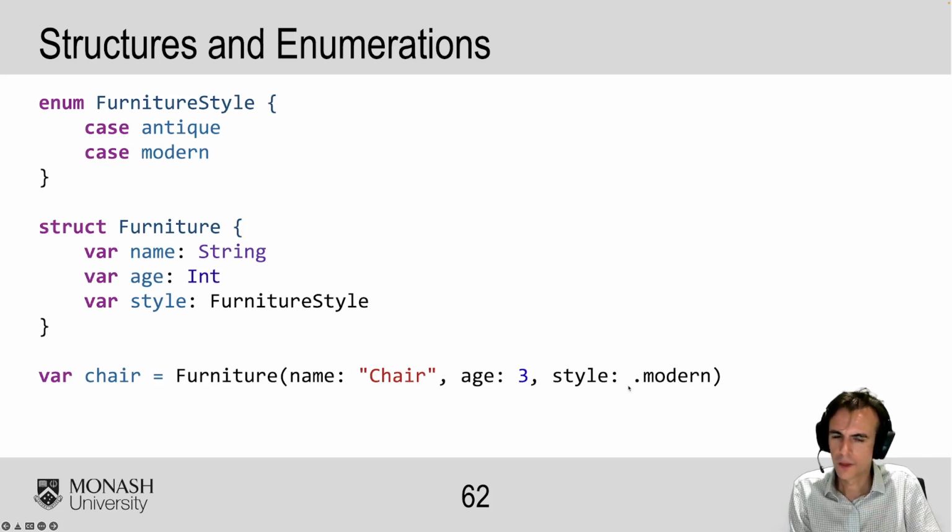And Swift has a really good compiler that will do syntax completion as part of writing code, so it will give you the option of choosing modern or antique here.